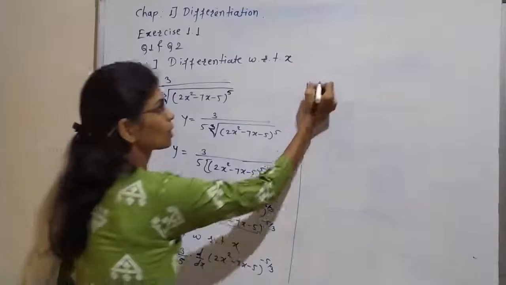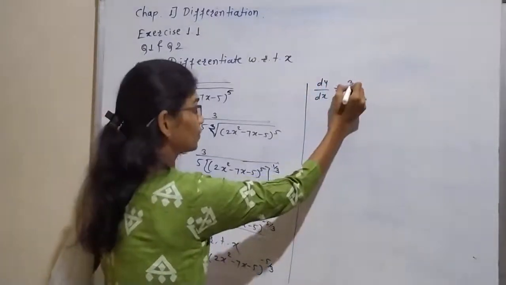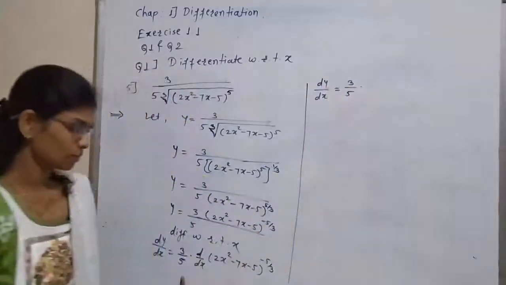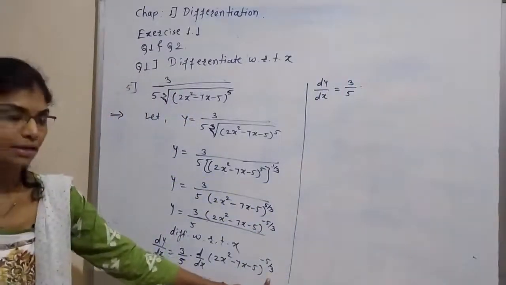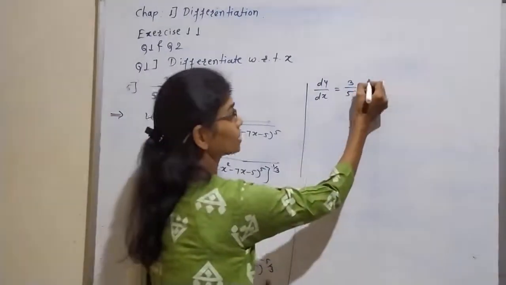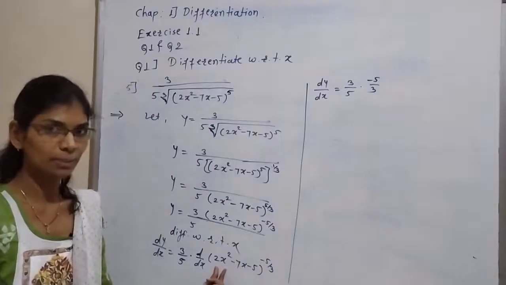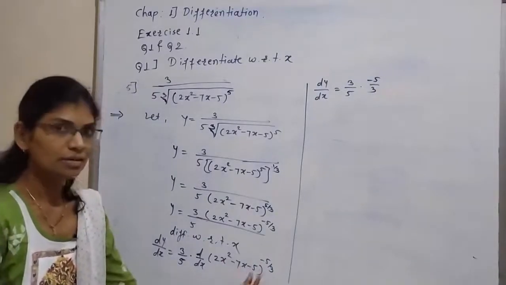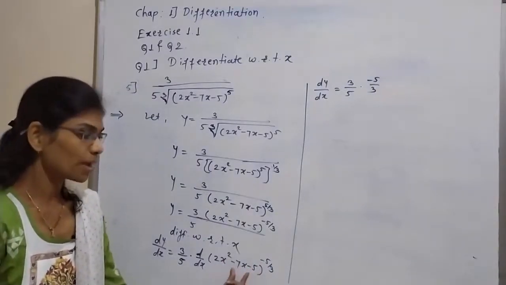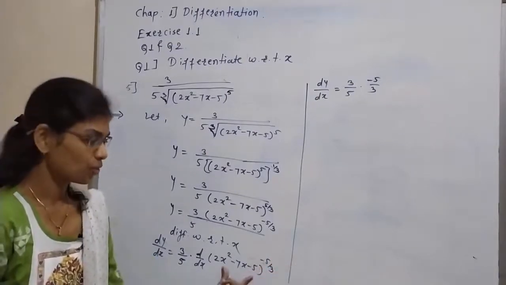Therefore, dy by dx is equal to 3 by 5 as it is, multiplied by the whole bracket with the index there. Take the index, minus 5 by 3, as a multiplication, and the whole bracket is raised to the index less by 1.